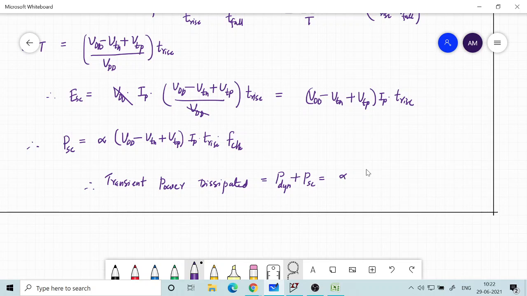So alpha is common to both. Let's write dynamic first.